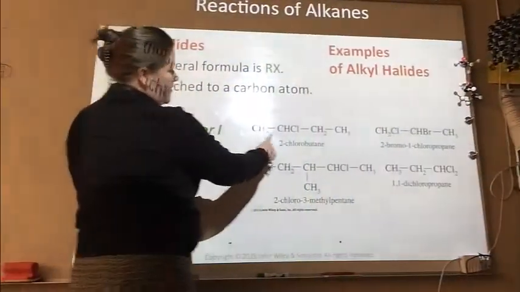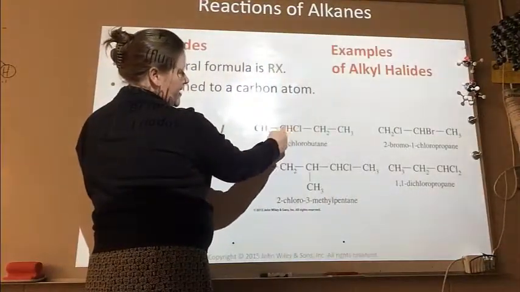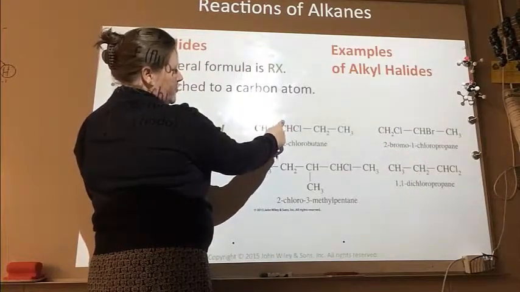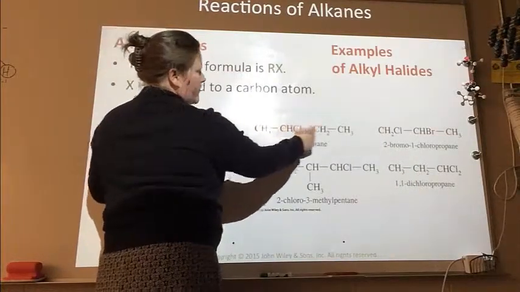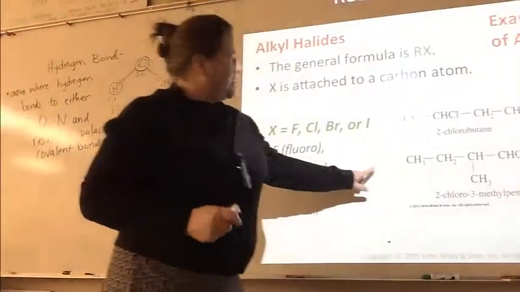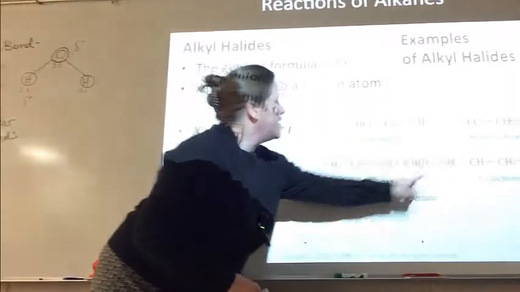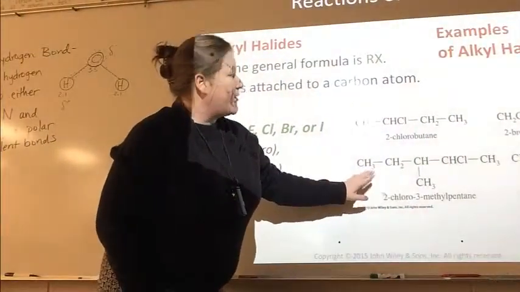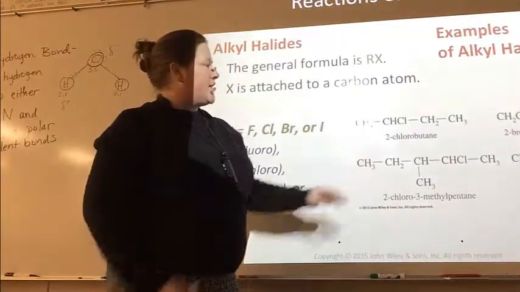Because this chlorine is attached to the second carbon, this becomes 2-chlorobutane, 1, 2, 3, 4. Here we have a chlorine attached to this carbon, and we want our numbers to be as small as they possibly can.